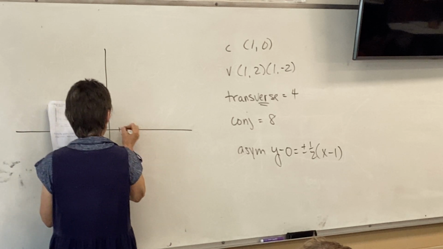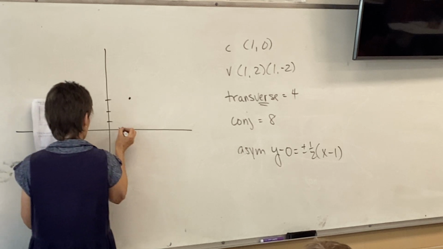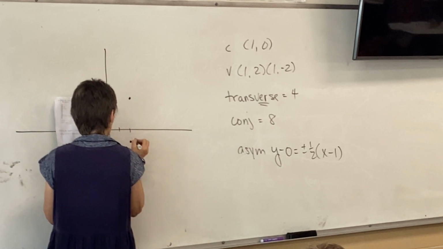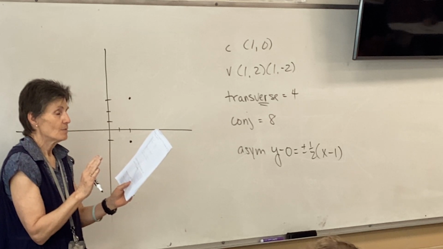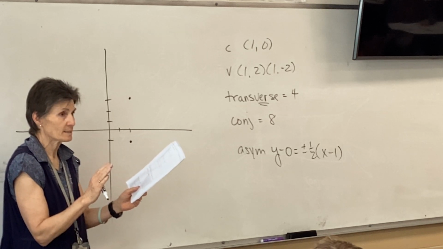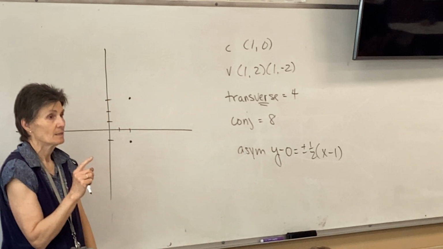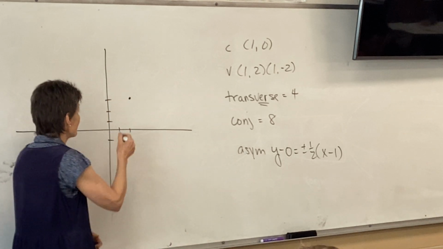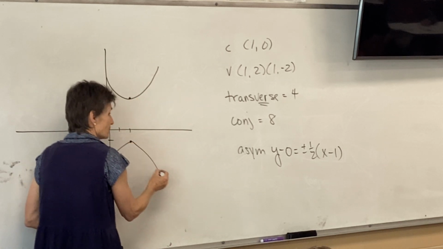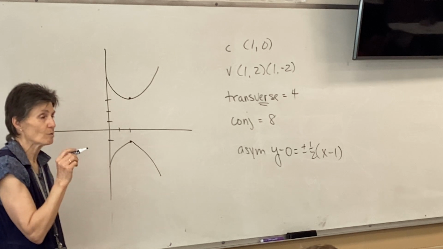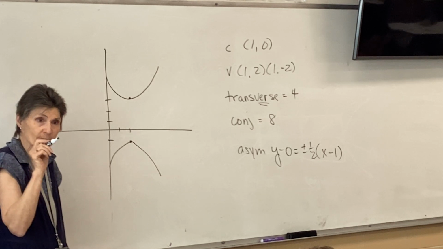Go ahead and plot these points, guys: 2, 3 and 2, -1. Now wait a minute, those are the endpoints of the transverse axis. Doesn't that mean these are the vertices? Because isn't the transverse axis the one that determines the vertices?